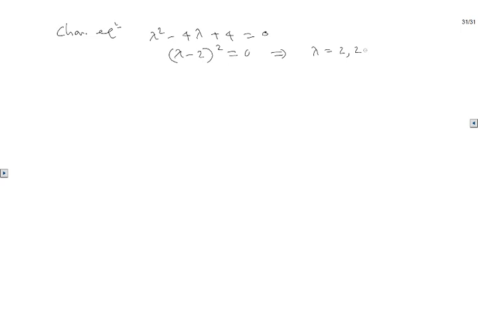So that means the yc has the form (c1 plus c2x) e to the 2x. But you can see that you have a 3 in the equation, so that means it's different. So that's good.